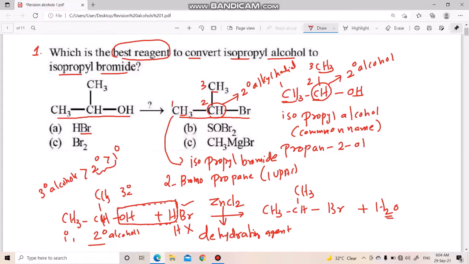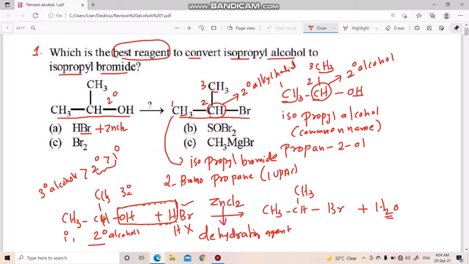So this option is wrong. HBr plus zinc chloride is required for secondary alcohol. For tertiary, only HBr is enough.